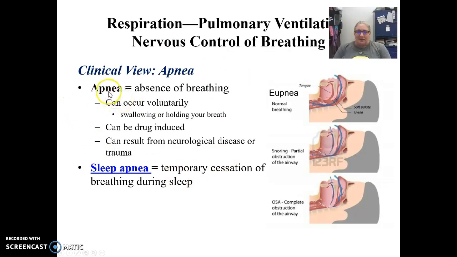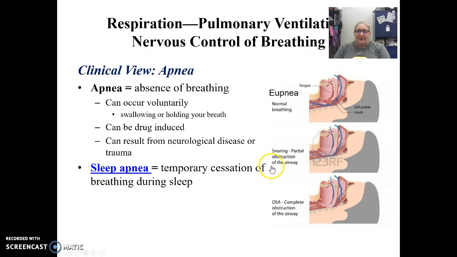One disorder associated with breathing is called sleep apnea. Apnea is the cessation of breathing. When you hold your breath, you are voluntarily not breathing. But apnea can also be caused because you have pressure that is closing off the airway. In this case, the tongue is falling to the back of the mouth. That can cause problems with breathing.